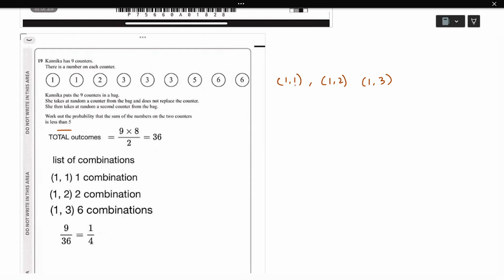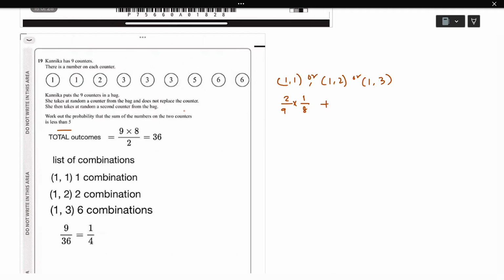For 1 comma 1, the probability of the first 1 is 2 by 9, because there are two 1s. For the second, since we already took one 1, it is 1 over 8. So there is only one chance.